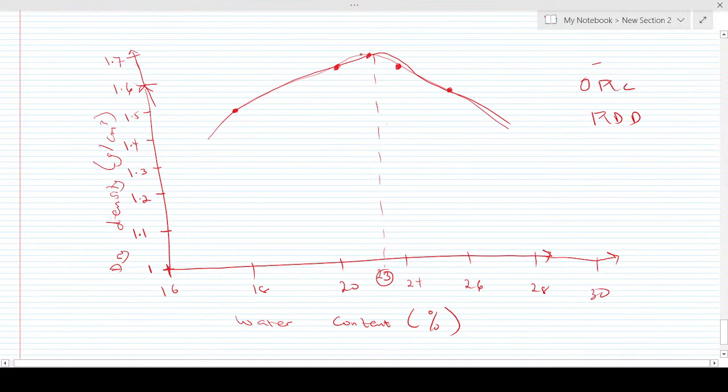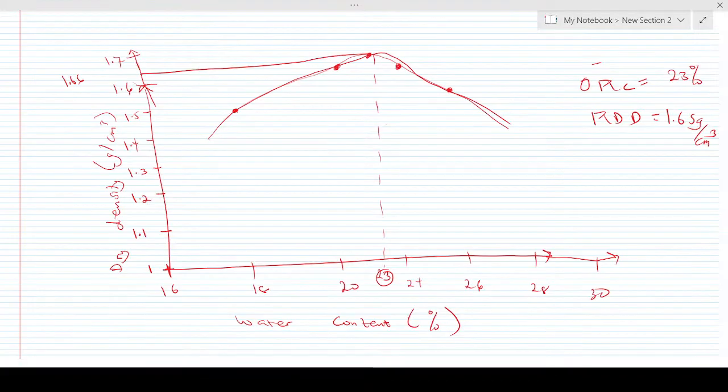Then you do that at this side, you trace it, and this would be about, let's say, 1.65. Meaning that from this sketch, my optimum moisture content is say 23%, and my maximum dry density is say 1.65 gram per centimeter cubed. Yeah, so this is how to go about your compaction questions.